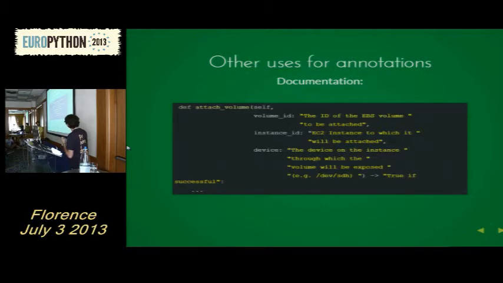Of course, in Python you can define any kind of object or any kind of expression as an annotation for a function. You can have other uses, not only type annotations. This is the small example I showed you before, but with a little bit more detail, which is basically that you can use Python annotations to add docstrings to each of your arguments.